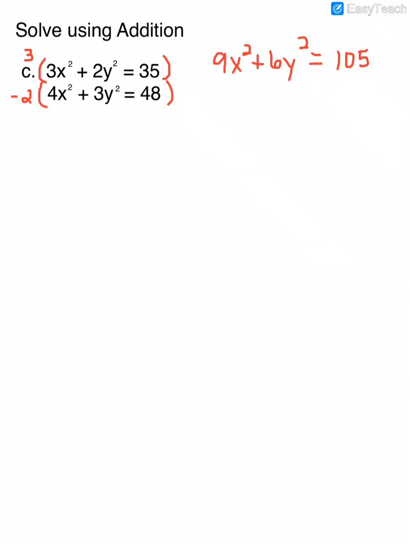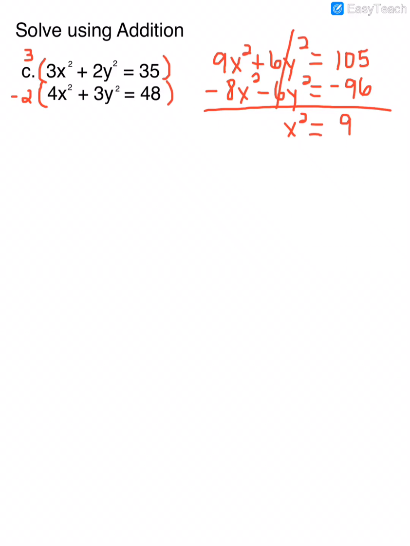And then in the second equation, if I multiply everything by negative 2, I get negative 8x squared minus 6y squared equals negative 96. Okay, so when I add these 2 equations together, my y's cancel. 9x squared minus 8x squared is just x squared. And then when I add 105 and negative 96 together, I get 9.